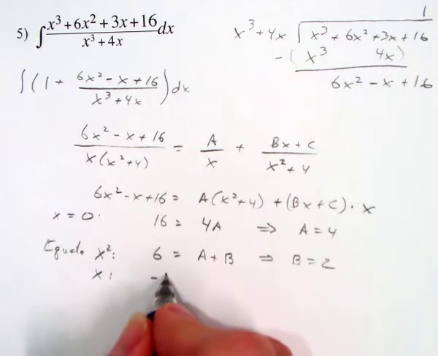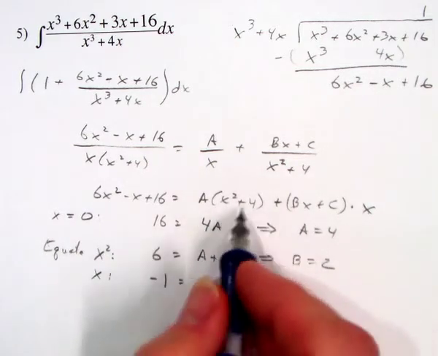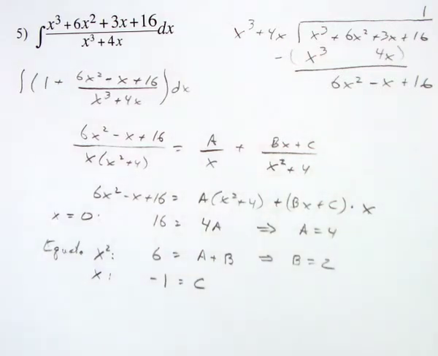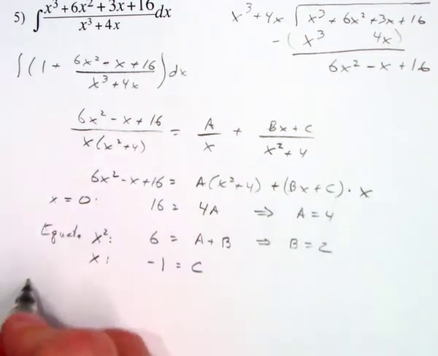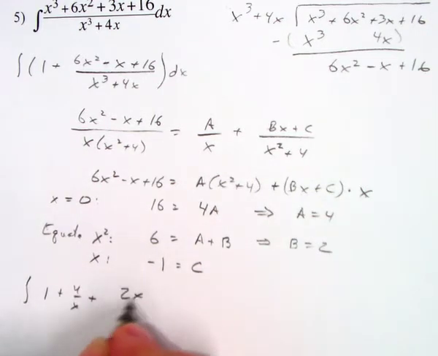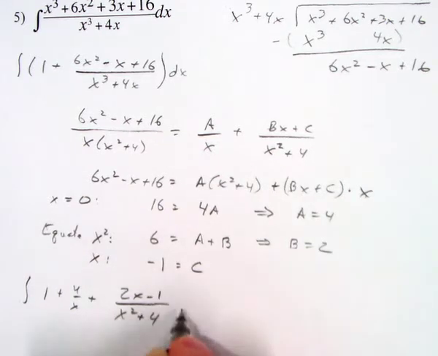On the left side it's negative 1, and over here we have no x's in there, but we'll have a C on this one, so C is negative 1. Now we can plug all this stuff in. 1 plus 4 over x plus (2x minus 1) over (x squared plus 4).